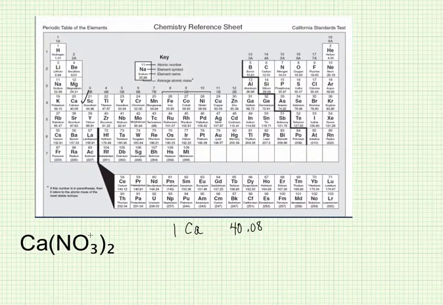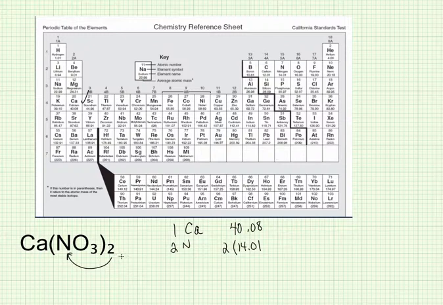I have 2 nitrate polyatomic ions connected with my calcium, and each nitrate has 1 nitrogen. So that means I have to take this subscript, and I have 2 nitrogens. So I am going to take 2 nitrogens, and nitrogen has a molar mass of 14.01.